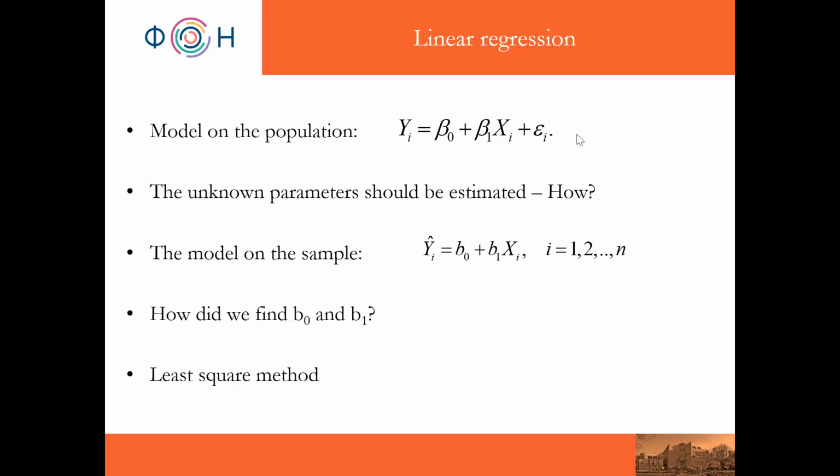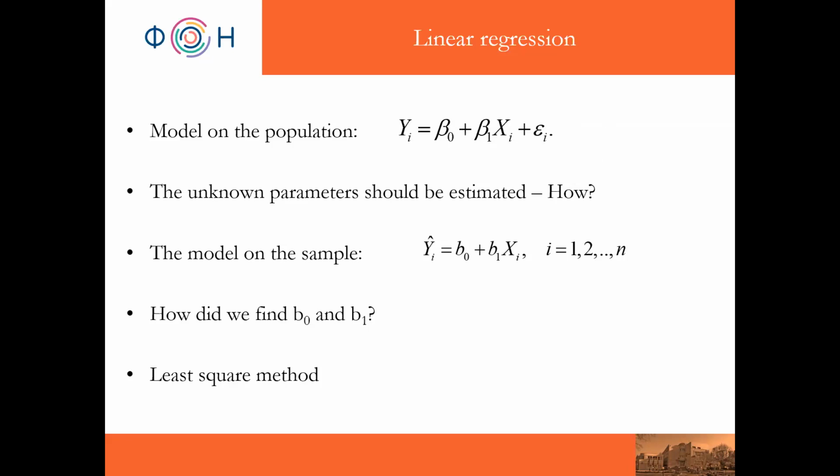On our population, the model is y_i equals beta 0, our constant, plus beta 1 x_i plus epsilon_i. This is the model on our population, and we do not know the values of beta 0 and beta 1. So we need to estimate them. We want to learn more about them.